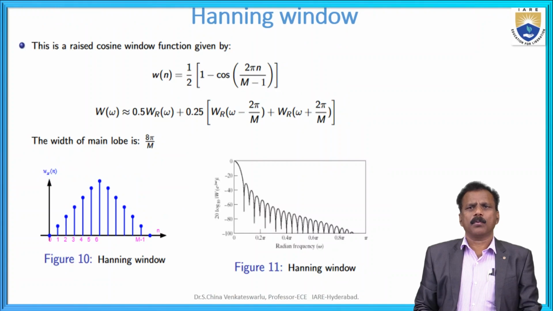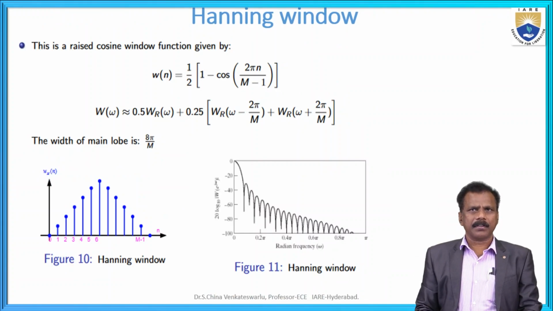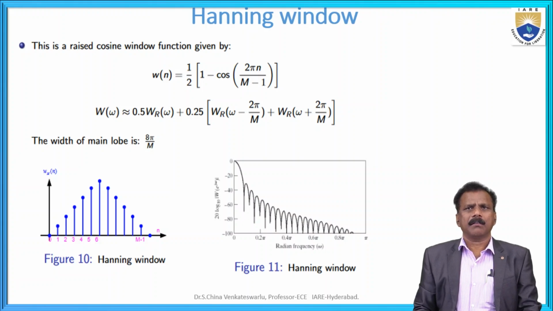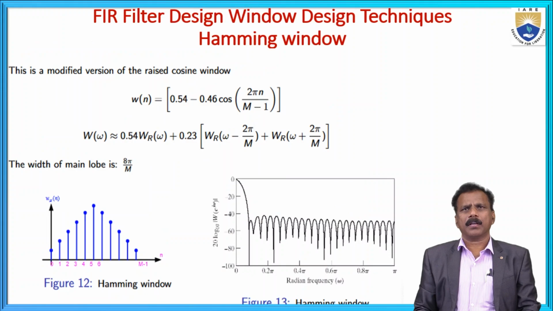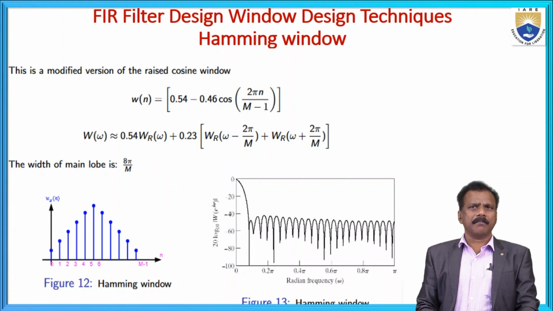Come to the Hanning window. This is a raised cosine window function given by w of n. The width of the main lobe is 8 pi by M, as we have already seen. Now, here is the FIR filter design windowing technique. The Hamming window is a modified version of the raised cosine window.